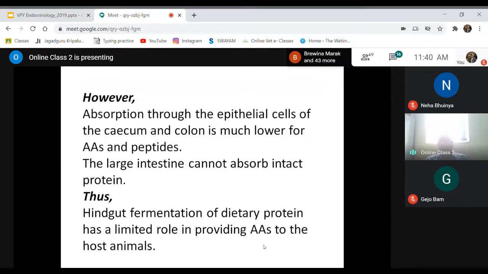So it is written that absorption through the epithelial cells of the cecum and colon is much lower for amino acids and peptides, and the large intestine cannot absorb intact protein. Therefore, hindgut fermentation of dietary protein has a limited role in providing amino acids to the host animal. This is the case in non-ruminant animals, although there may be synthesis of some microbial protein in the hindgut, in the cecum of some non-ruminant animals.